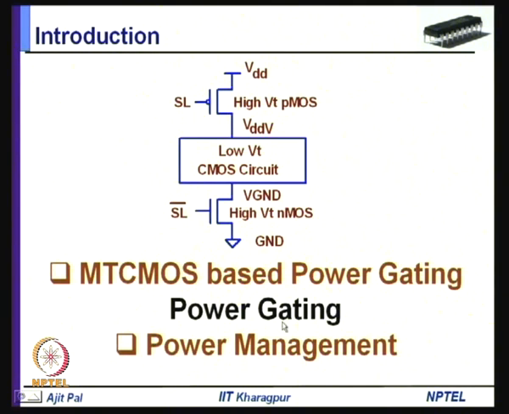And with the help of this power gating, what essentially we are doing is power management. What is the objective of power management? What do you really mean by management? Management means you will follow an approach by which the leakage power can be reduced. How are you going to do that? We shall be turning on some parts of the subsystems and turning off some parts of the subsystems at the appropriate time in an appropriate manner.